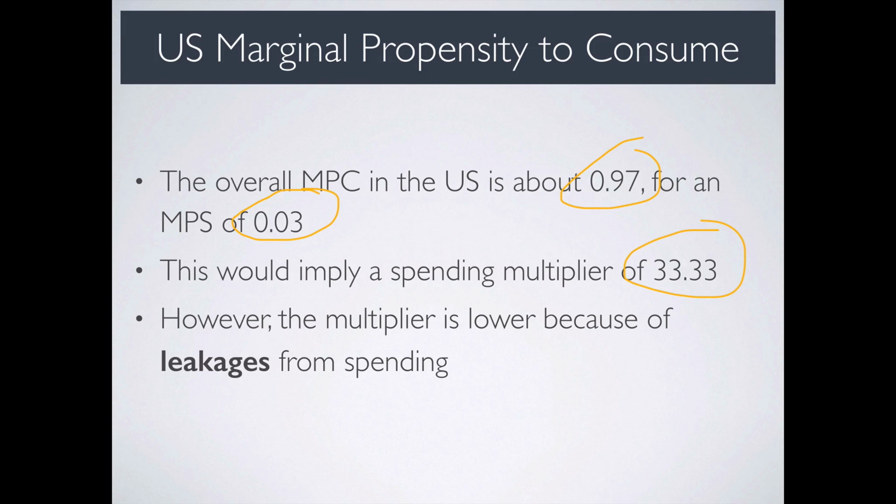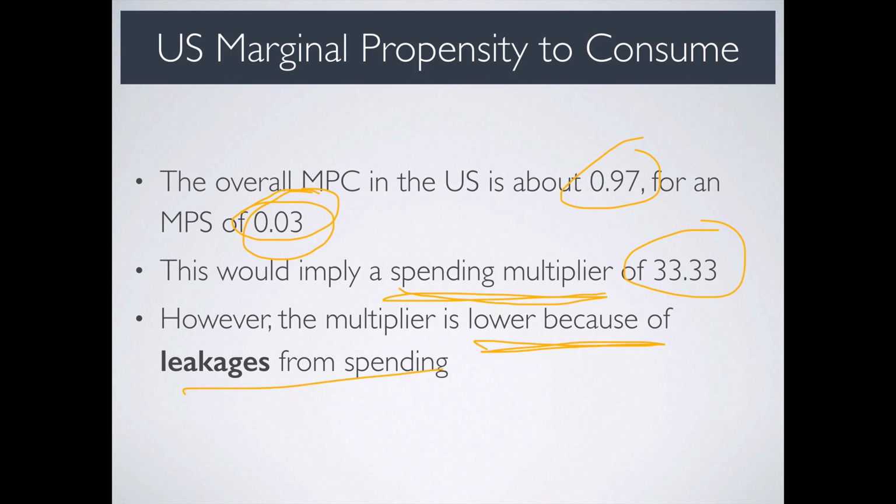We have this problem with all of economic theory, which is it's very hard for us to hold everything else constant. The ceteris paribus assumption is hardly ever met. But the mathematical multiplier in this situation is much higher. So how did I get this? I took 1 and divided by this 0.03. Do that yourself just to convince yourself that this is correct.